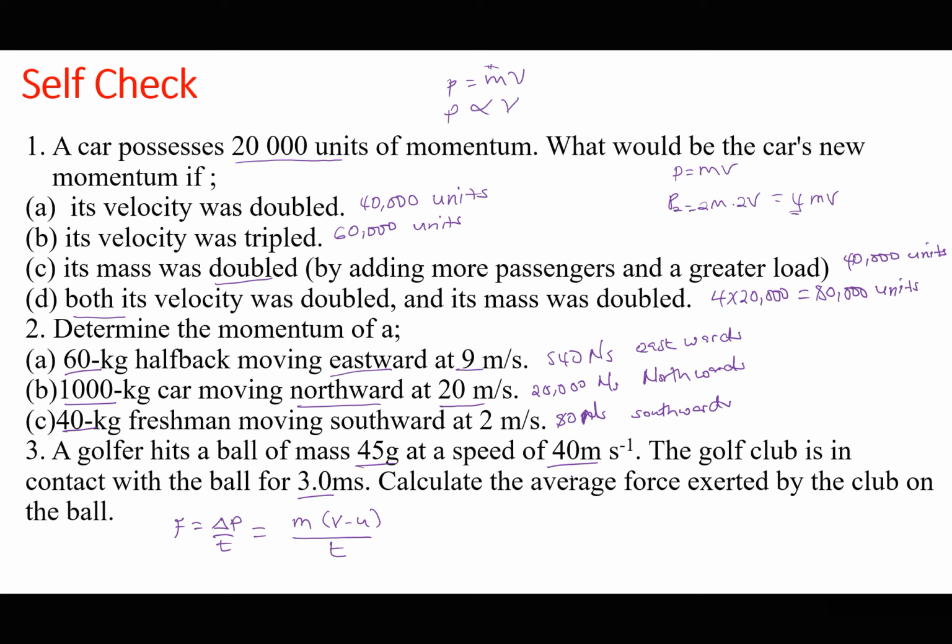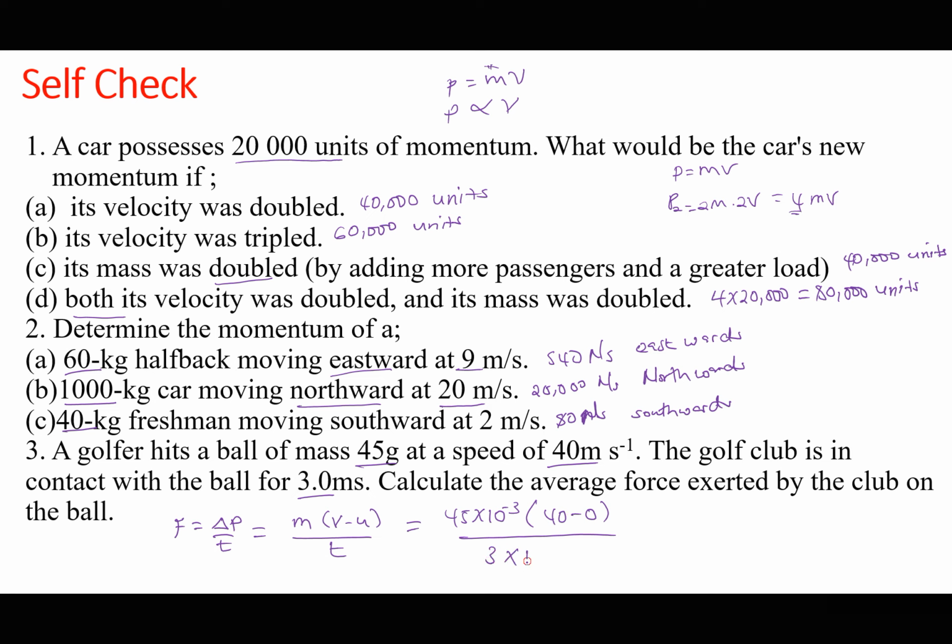So it means, of course, the initial velocity is going to be 0. Then when it is hit, it moves at 40 meters per second. This is simply going to be 45 times 10 to the power of minus 3. Then this will be 40 minus 0 divided by time of contact, which is 3 milliseconds.